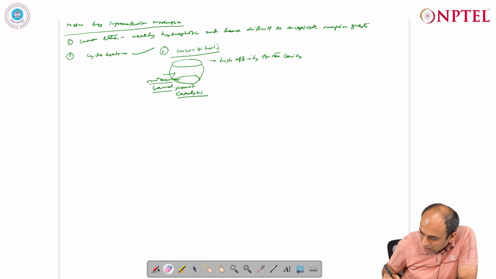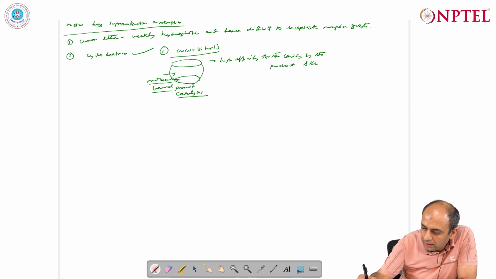There is a high affinity for the cavity by the product. And the catalytic turnover, which is a measure of the efficiency of the catalysis process, is low.